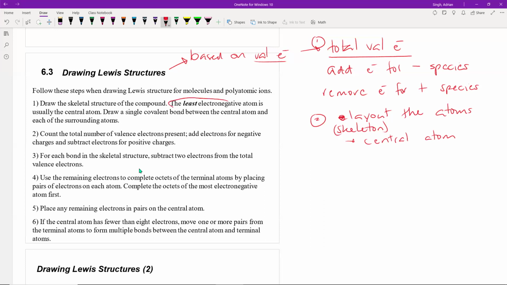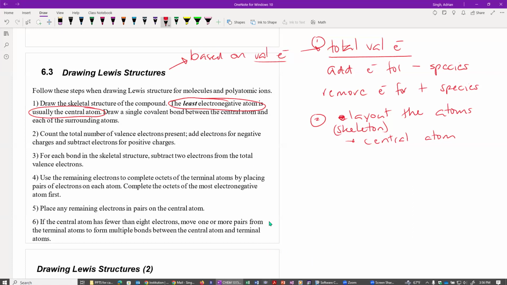Generally, the least electronegative element is placed in the middle. The least electronegative is further to the left and down. That is in the middle. Then we're going to orient everything else around that central atom and connect them with a single bond to begin with. Then we're going to make sure all the atoms are happy by giving them enough electrons to account for their octet. So let's take a look at an example.